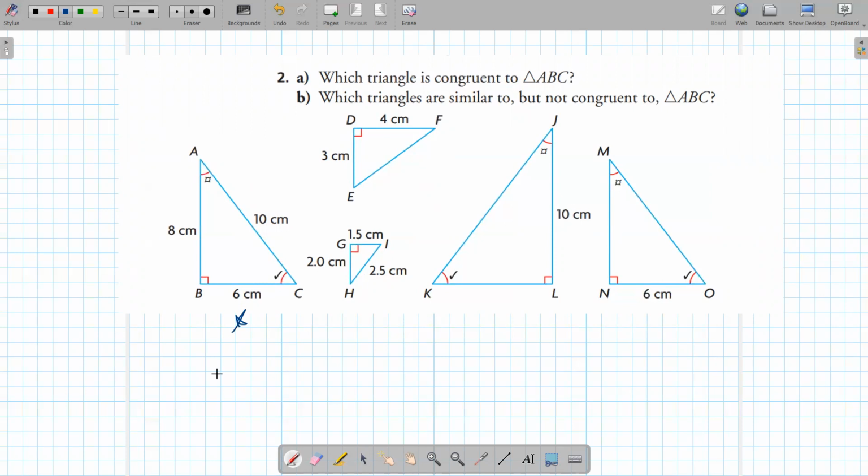The one on the other end. Right, this one. So these two are congruent. Part B is asking us which one is similar but not congruent. So it might be different in size, but it still has 3 equal angles.